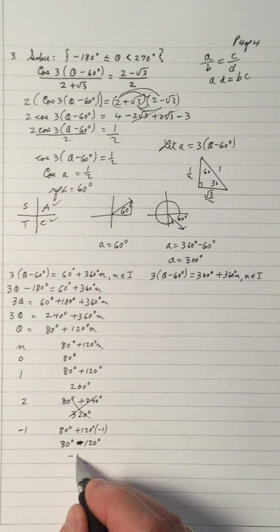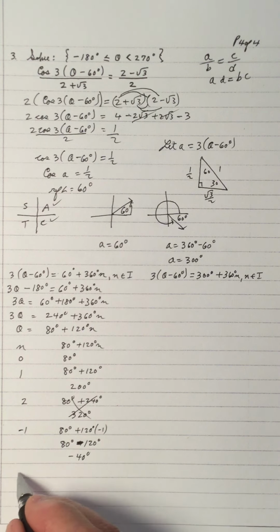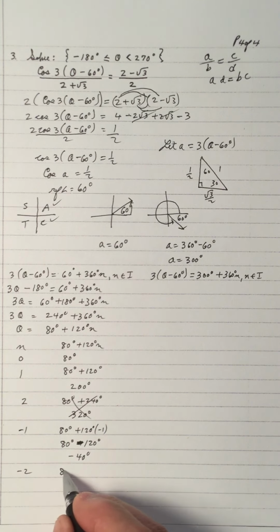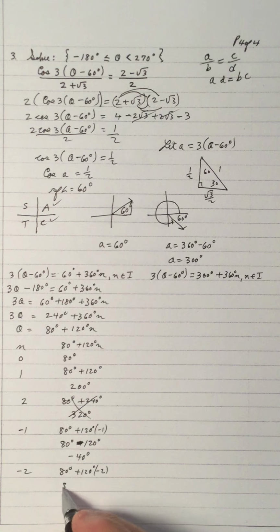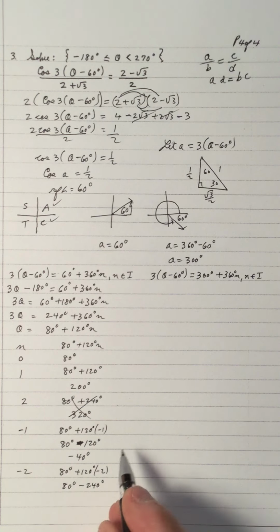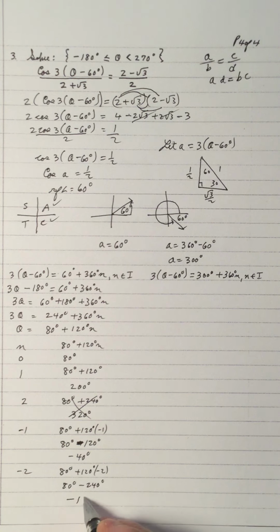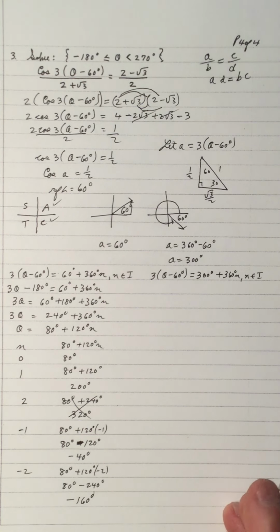So that gives us a negative 40. And we do negative 2. So we get 80 and negative 240. So it's a negative 160.